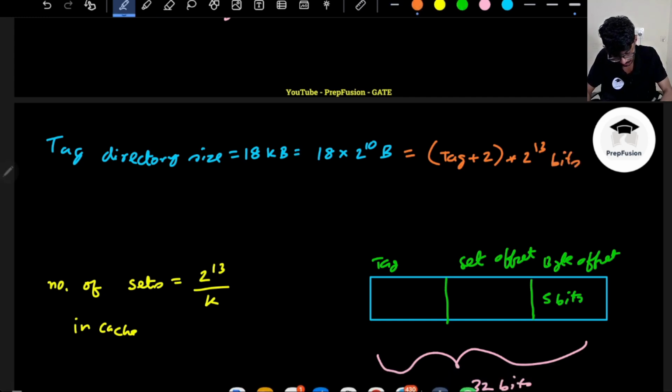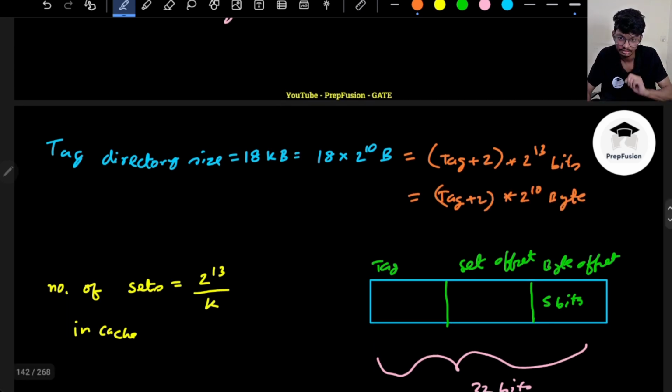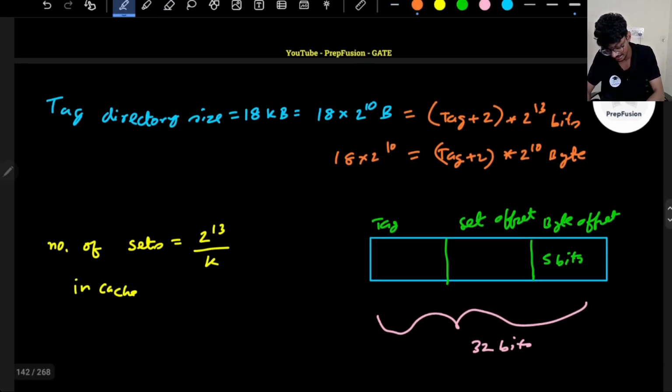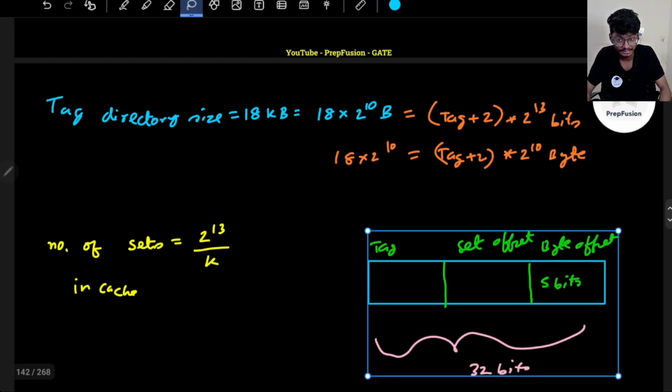So if I want to convert this into bytes, this will be (tag plus 2) into 2 raised to power 10 bytes, because if I divide by 8, this will be converted into bytes. Now this equals 18 into 2 raised to power 10. So 2 raised to power 10 cancels out on both sides, and I need the tag bits to be 16.